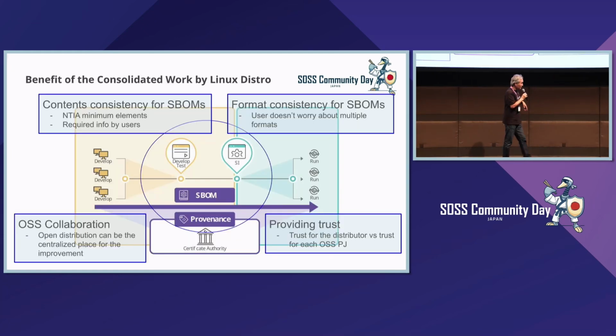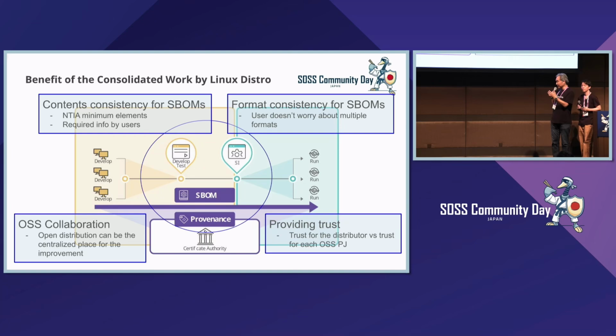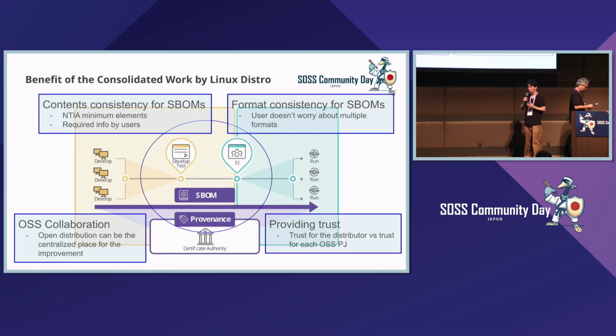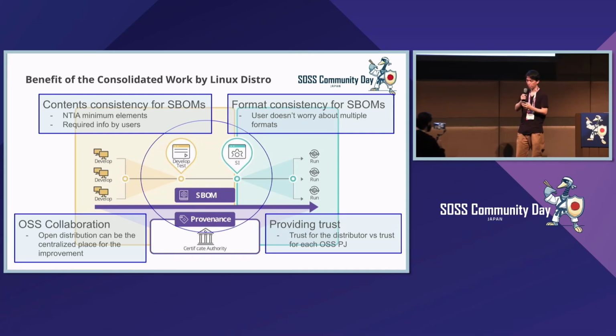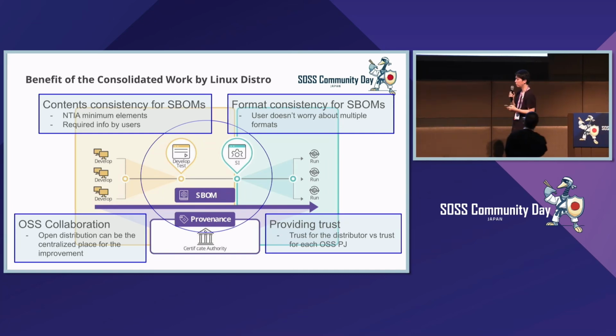Okay. So the benefit of doing that in the Linux distribution is described here. Please, Takanori. Okay. I think this is an ideal case of what a Linux distribution can do.